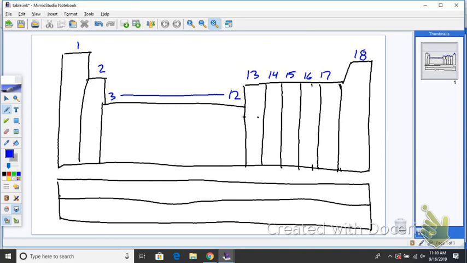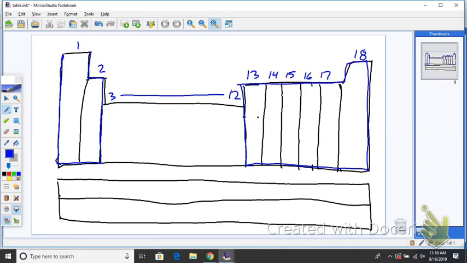We'll look at different areas of the periodic table. And one of the things we look at is groups 1, 2, and 13 through 18. That's known as a different type of group. So I'm going to go ahead and show you this group here. These are called the representative elements.